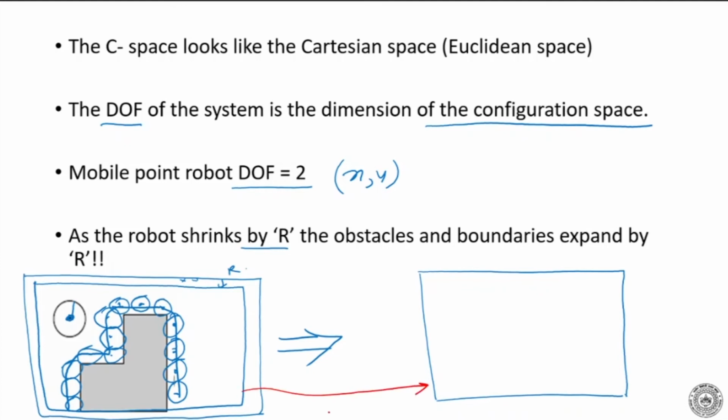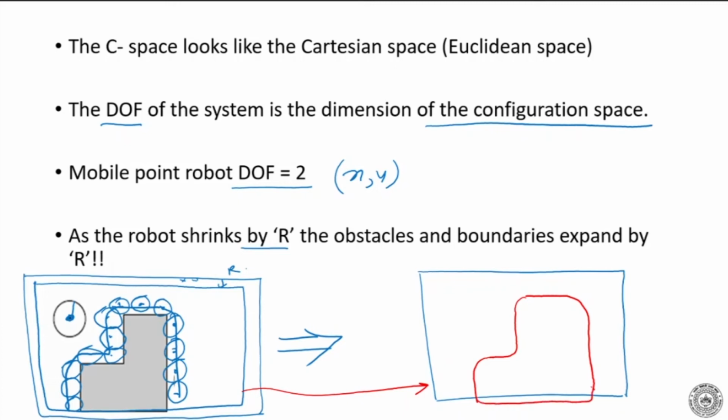And what has happened to the obstacle? The obstacle has become larger. Here we can see that the obstacle is becoming larger, and it has gone out this side.